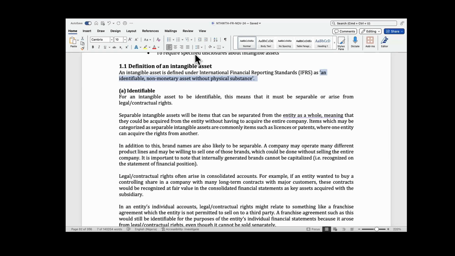This definition can go for PPE, except for the fact that it's only this one, without physical substance. But PPE is also identifiable, because when you have, let's say, a motor vehicle, you can sell it. They are actually separable. And you have some physical assets that arise from contracts, like leased assets.